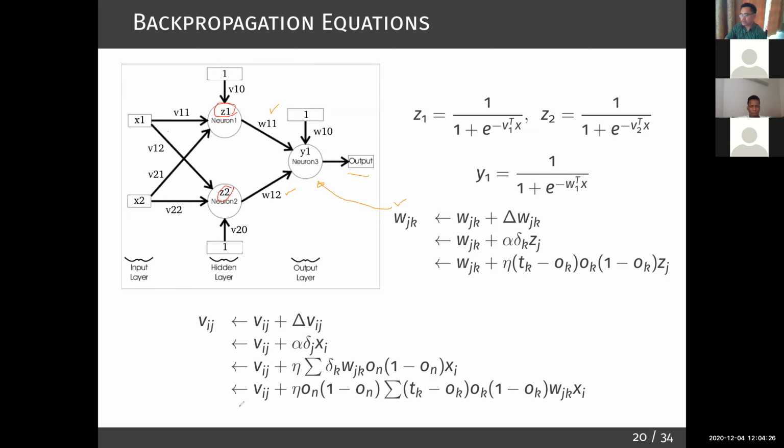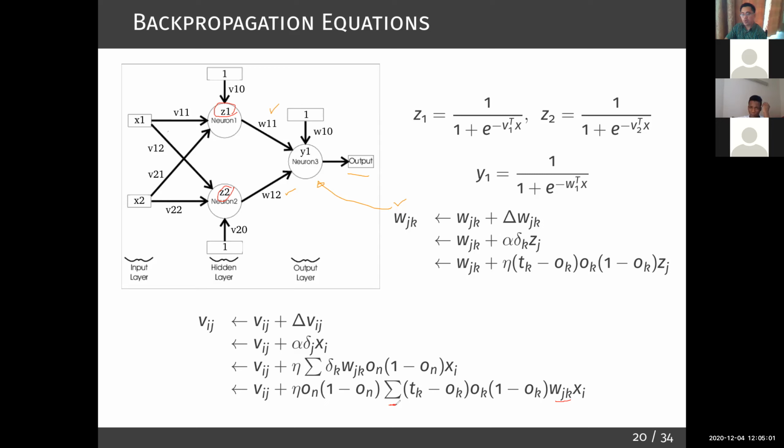I write these symbols because other authors are using them. But in an overall sense, all we need is this: the learning rate times the output times 1 minus the output, that is, target minus the output times the output times 1 minus the output, times the weights of the hidden layer, multiplied by the data point.